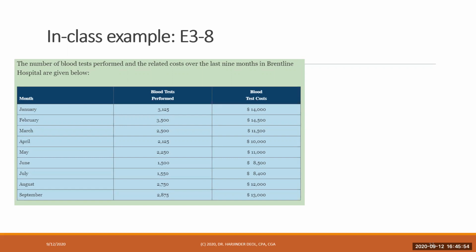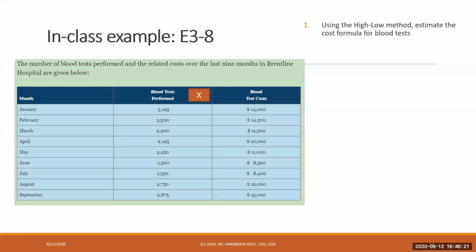It is important that we keep in mind that for our purposes, the number of blood tests would be the driver of the blood test cost, right? So we need to use the high-low method to estimate the cost formula for blood tests. So express the cost of a blood test in the form of y equals a plus bx.